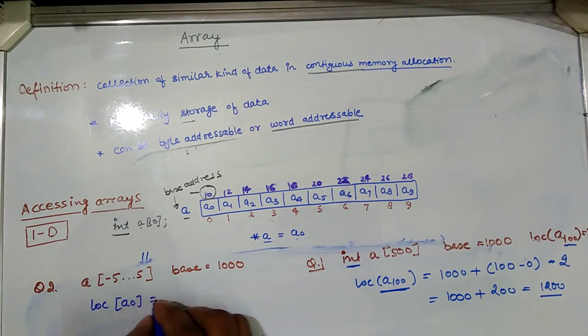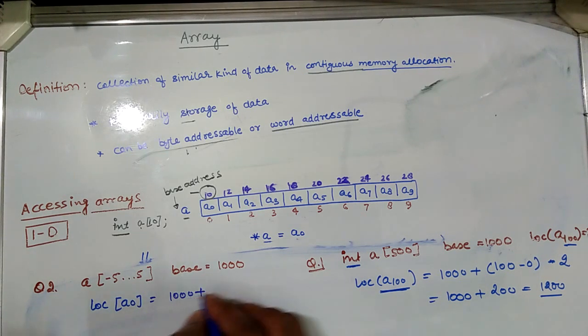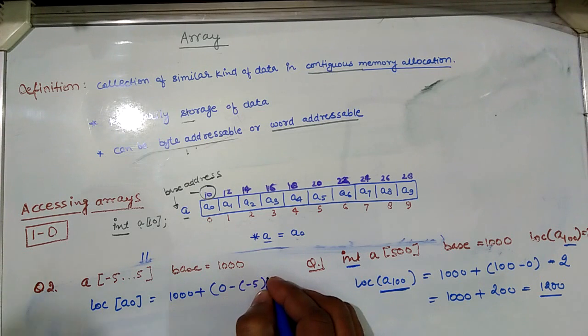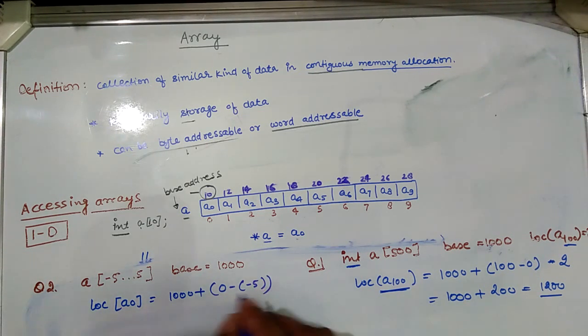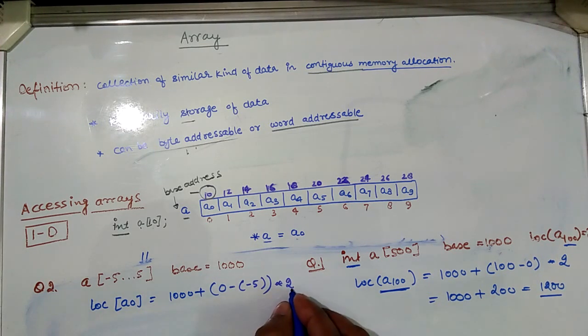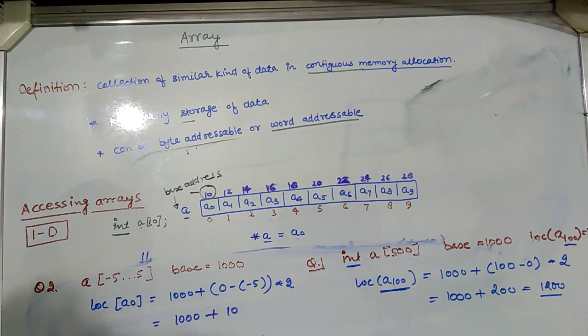So for the 0th element, we need to add to the base address the number of elements before the current element, calculated by subtracting the lower bound and multiplying by the block size of one block. So we have 1000 plus 10, or we can say 1010 is the address of A0 in this case.